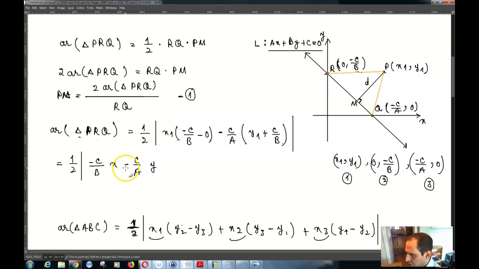This is of course x1, y1, and you have negative basically c squared over ab. So this becomes basically 1/2 negative. Okay, so now what I can do is that I can take a C by AB out.